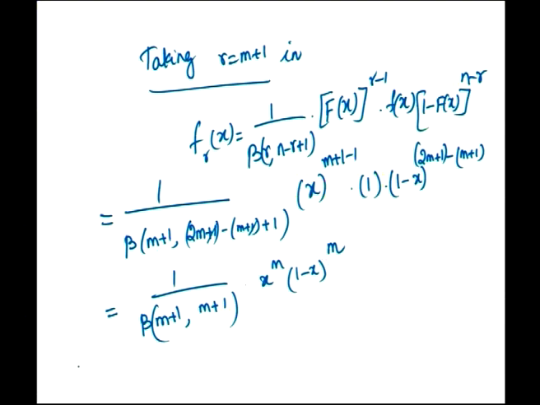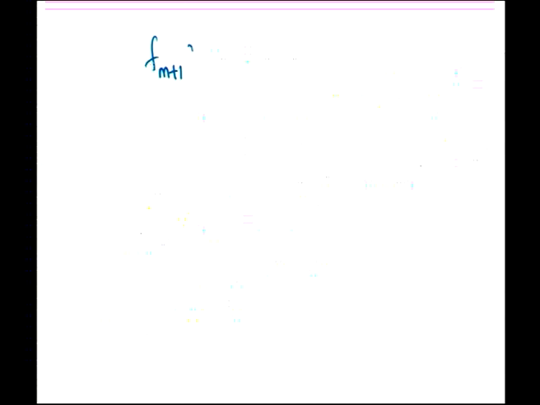For the median observation, we have now just arrived at f m plus 1 of x is equal to 1 by beta of m plus 1, m plus 1. We will use the formula of beta of m comma n. Formula is gamma m into gamma n by gamma of m plus n.